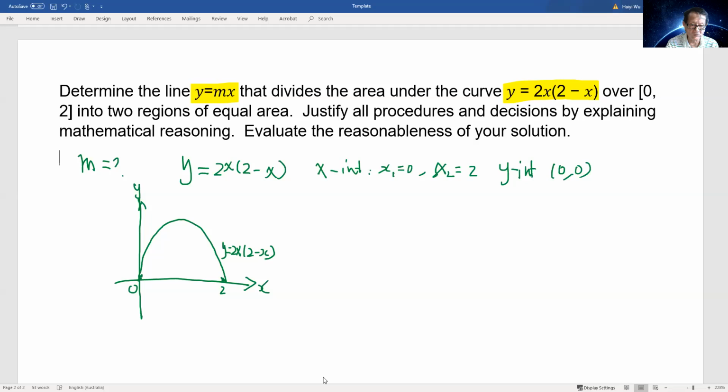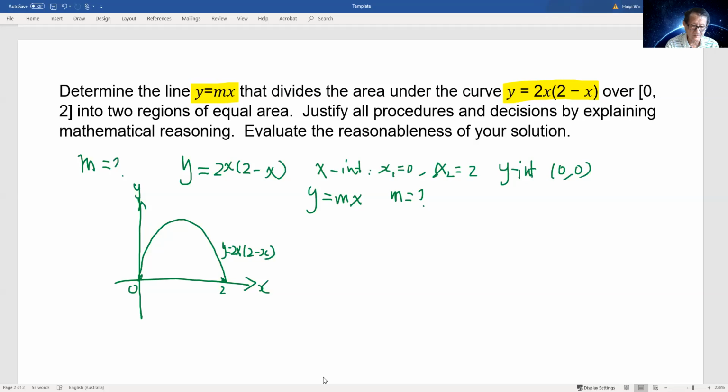The next one, the second graph we need to draw, is y equals mx. Because we don't know the gradient, we don't know m, but we know this is a straight line passing through 0, 0 as well. So the x-intercept and y-intercept are also 0 because it passes through the origin.